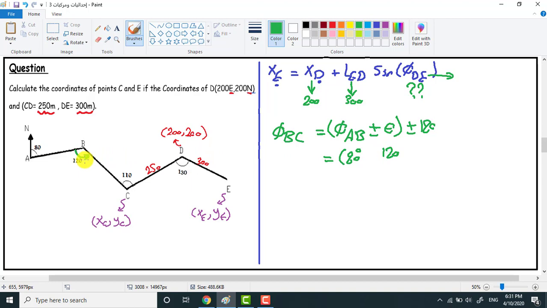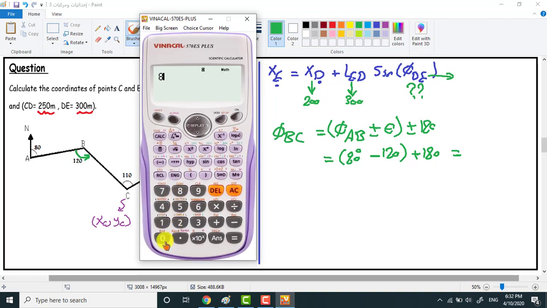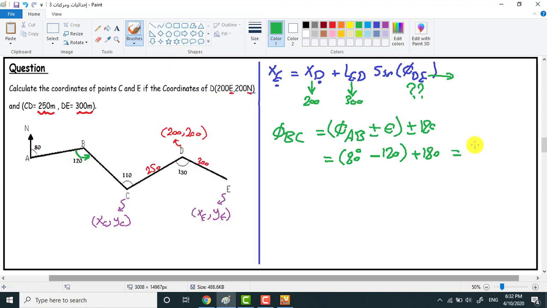Theta B, it's measured anti-clockwise, so it will be negative. The value between these brackets, it's less than 180 degree, so we will add 180 degree. So the value is 80 degree minus 120 degree plus 180 degree equal 140 degree.